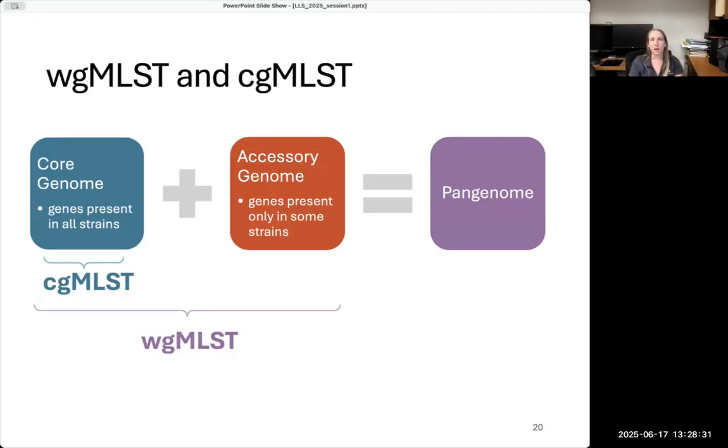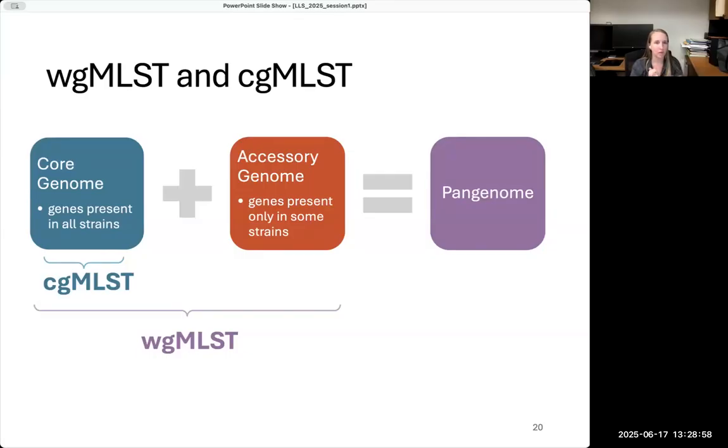And so if you want to think about it a little bit more in depth, we tend to use core genome MLST for everything except for Listeria, where we use the whole genome MLST. A couple of reasons behind that, that I know of at least, are because the whole genome MLST is more discriminatory. That's one of the benefits of it.